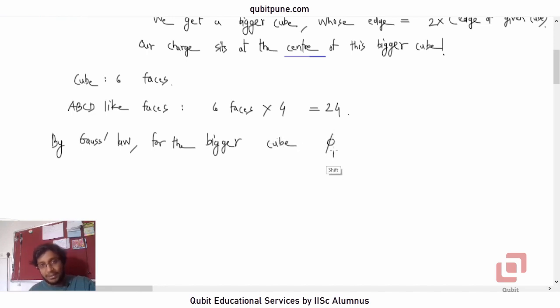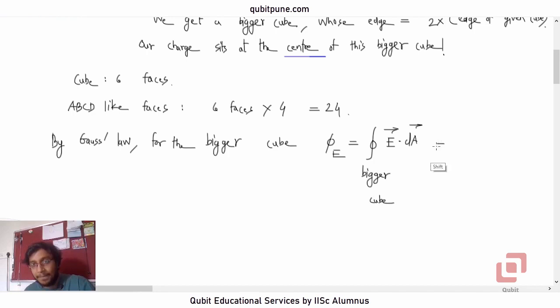By Gauss law for the bigger cube, the flux of the electric field, which is the surface integral of the electric field dotted with dA over the larger cube, will be the charge enclosed, there's only one point charge sitting at the center, divided by epsilon naught.